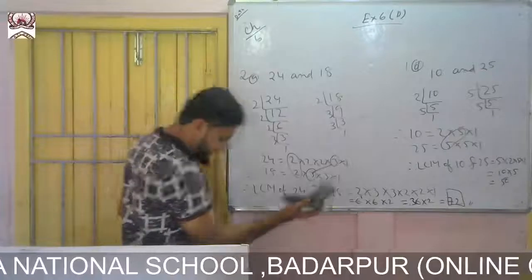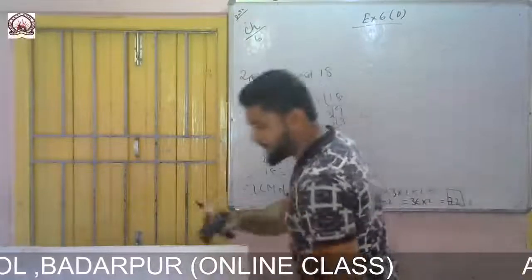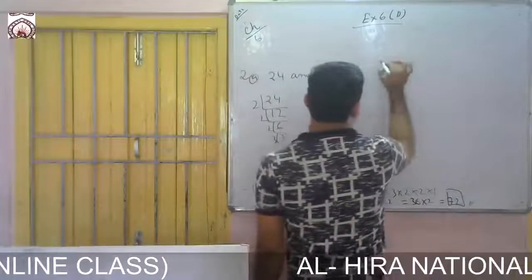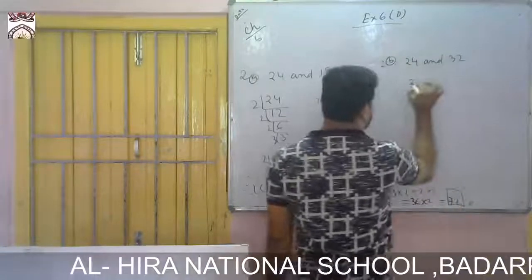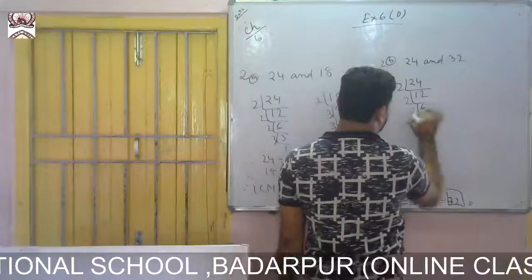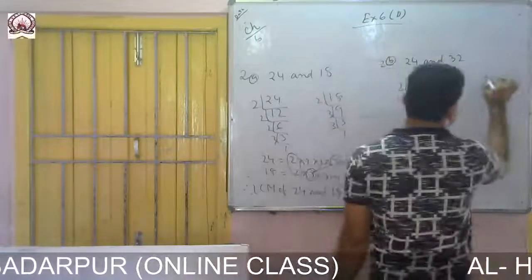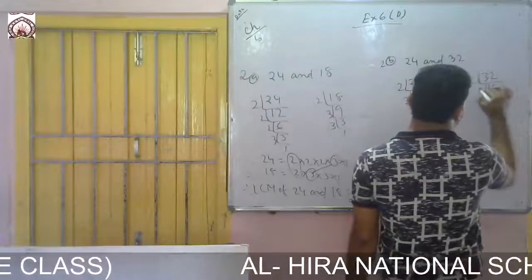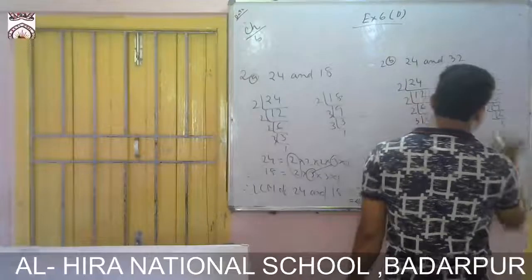This is of the same type. 24 and 32, 2B. 24 is the same as before. For 32: 16 2s, 8 2s, 4 2s, 2 2s, 1 2s.